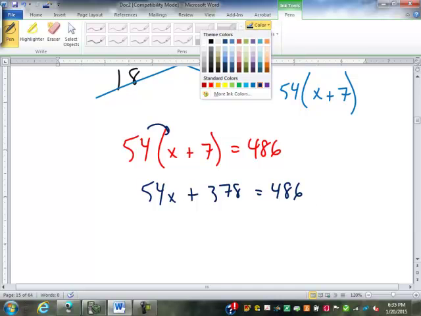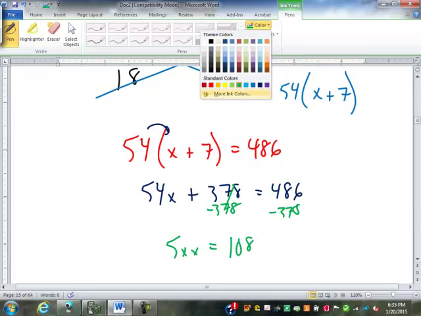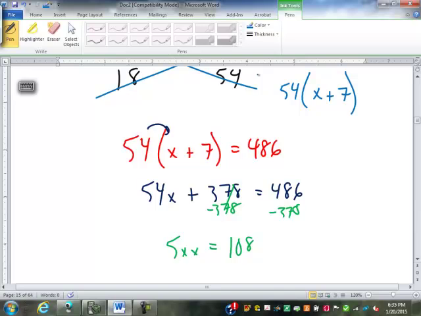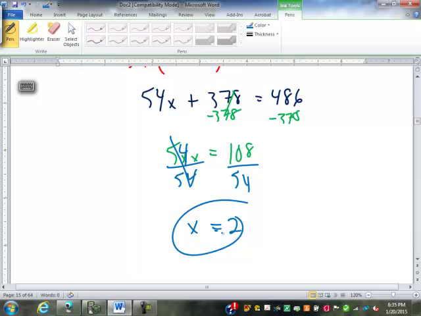Then what? Subtract 378. Okay. That will give us 54x equals 108. And then divide by 54. So x equals 2.